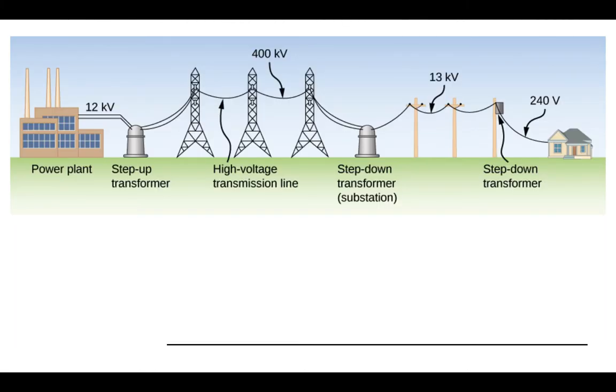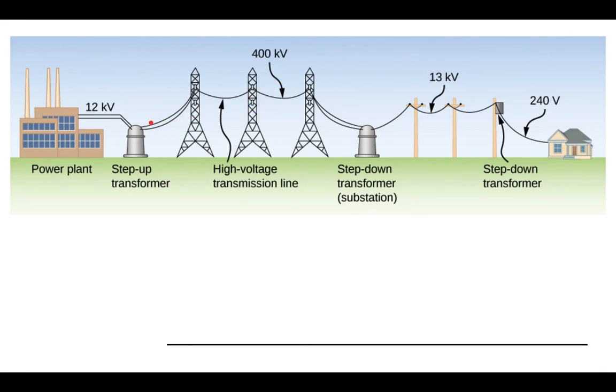So let's take a look at our summary here, okay? We have a power plant. Generators make use of Faraday's law and changing magnetic flux through coils to convert mechanical energy to magnetic potential energy to electrical energy. So now we have electrical energy. Now we need to step up this 12K volts to about 400K volts.